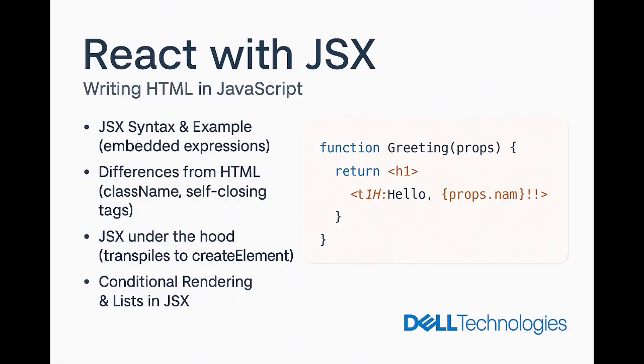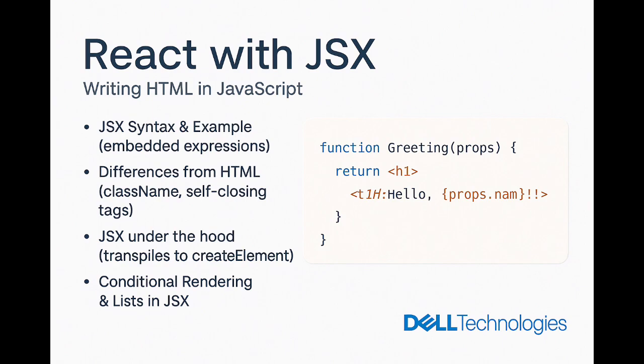Conditional rendering and lists. Because JSX is just JavaScript, you can use common techniques for conditionally showing something or rendering lists of items. For conditions, as mentioned, you can use ternaries, or logical AND, condition && A, which will render A only if the condition is true.